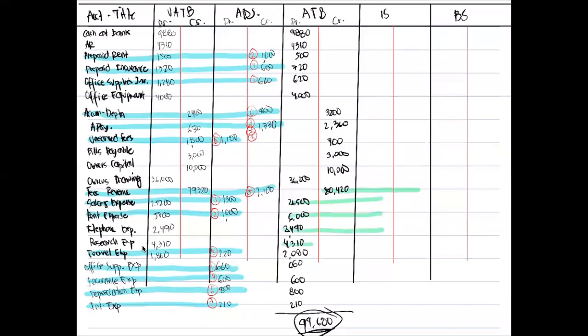Telephone expense, research, travel, office supplies, insurance, depreciation, and interest. Okay. So we just forward these items to your income statement: 80,420, 26,500, 6,000, 2,490, 4,310, 2,080, 660, 600, 800, and 210.